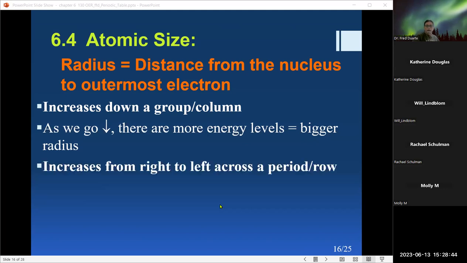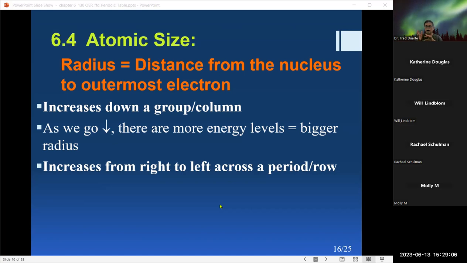Now, when we go from left to right in the same period, we find it's kind of counterintuitive. So, think about this. As we go from right to left, we find that the radius gets bigger.